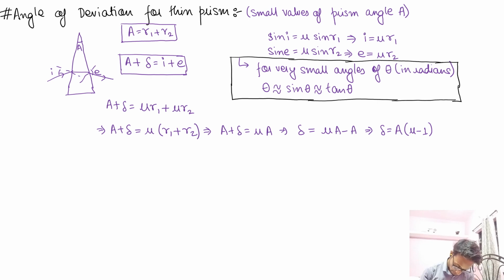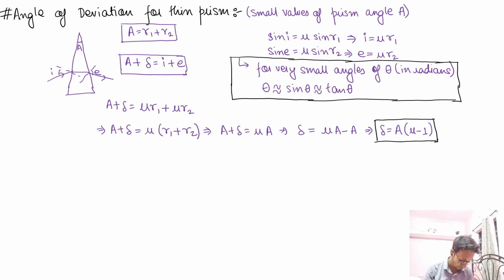So irrespective of the angle of incidence or angle of emergence, the angle of deviation for a thin prism is nothing but the prism angle into (mu minus 1), the refractive index minus 1. So this is the angle of deviation for a thin prism: the prism angle into (mu minus 1).